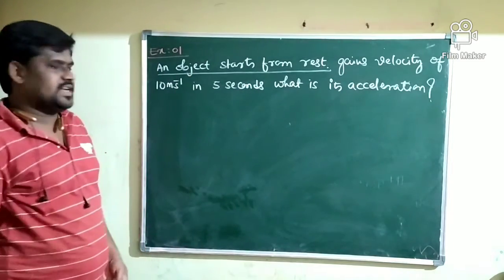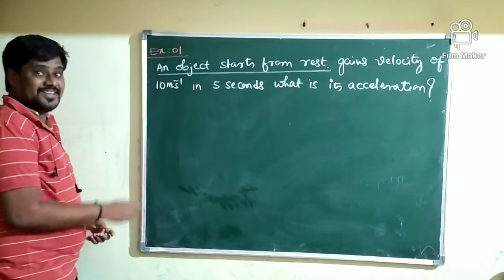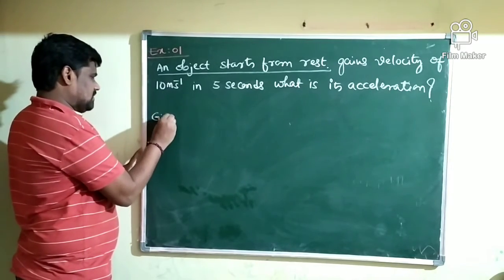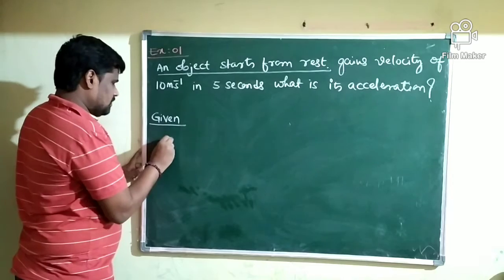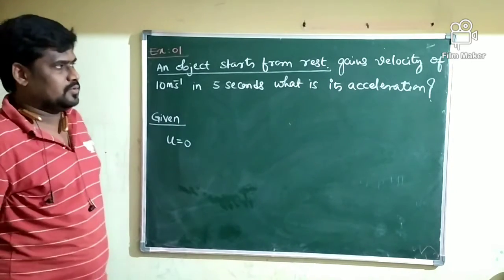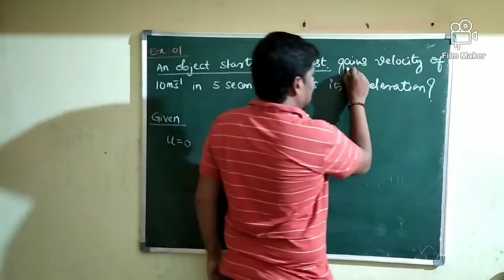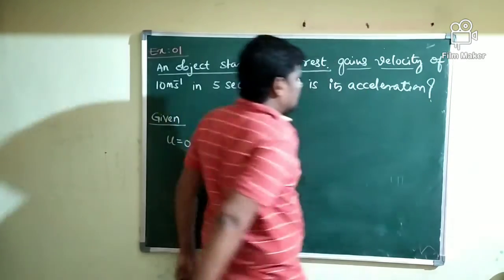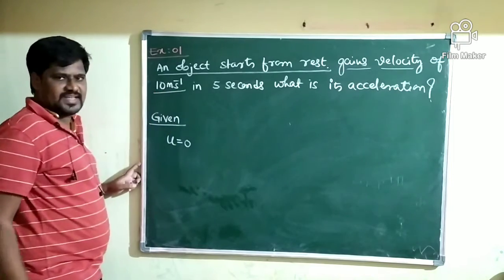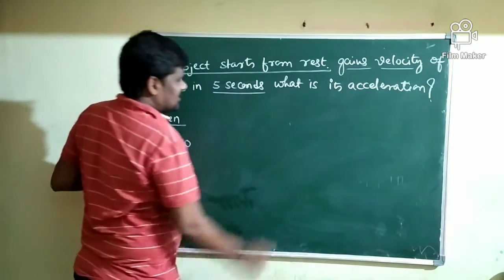What is the meaning of object starts from rest? Its initial velocity is 0. What are the given values here? Object starts from rest, therefore its initial velocity is equal to 0. And the same object is going to gain a velocity of 10 meter per second in 5 seconds.